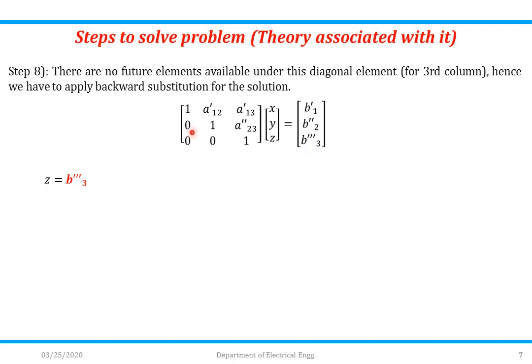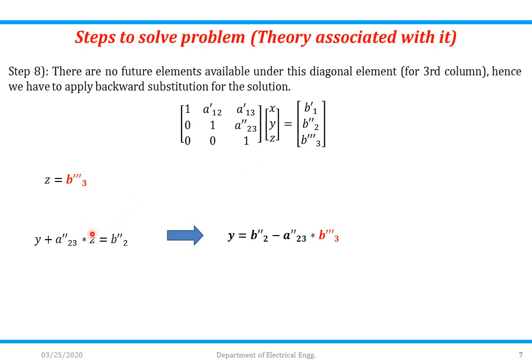Next is 0 into x plus 1 into y plus a double dash 2 3 into z equal to b double dash of 2. So I have written this equation. Now you have to find the value of y. You know the value of z. What is the value of z? It is b triple dash of 3.